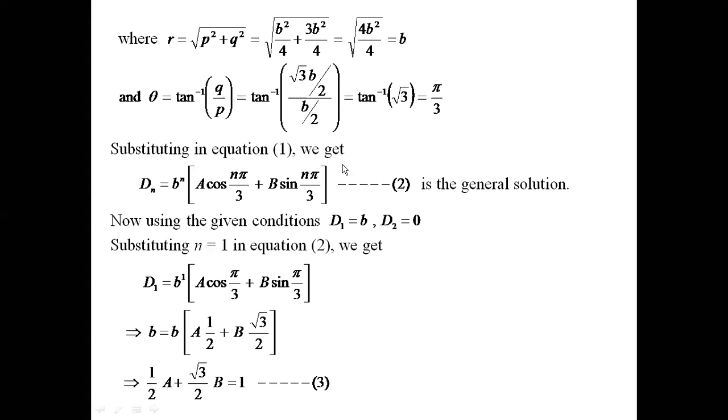we obtain by substituting n equal to 2 in equation 2. That is d2 equal to b square into a cos 2 pi by 3 plus b sin 2 pi by 3, because we have taken n equal to 2.